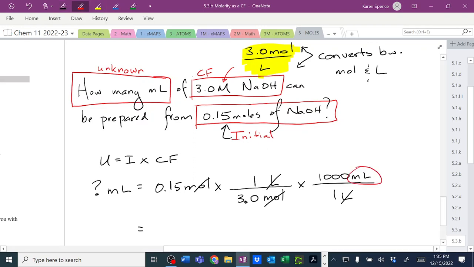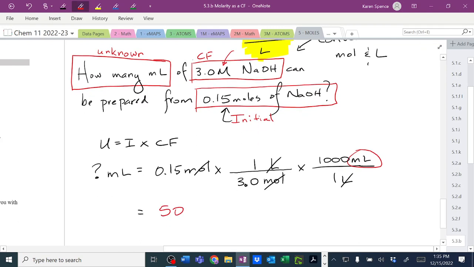So we have 0.15 divided by 3 times 1,000 equals 50 milliliters. And we need 2 sig figs, so I'm going to stick a decimal at the end of that, so now we have 2 sig figs, or you could write it as 5.0 times 10 to the 1 milliliters, but that's really a weird way to write it. You know what I mean?